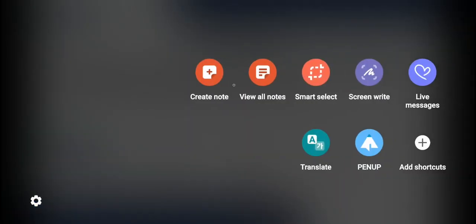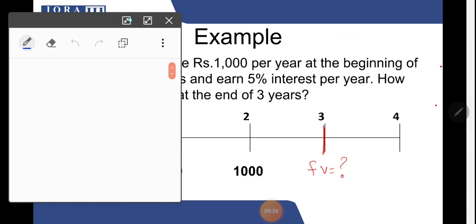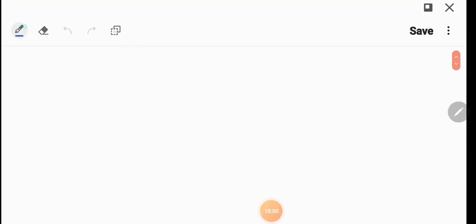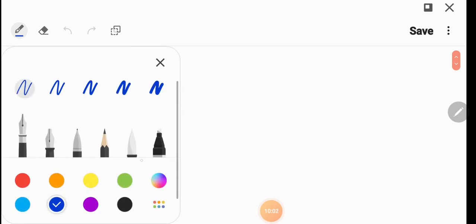So I'm going to open a note. We had to find the future value annuity formula.